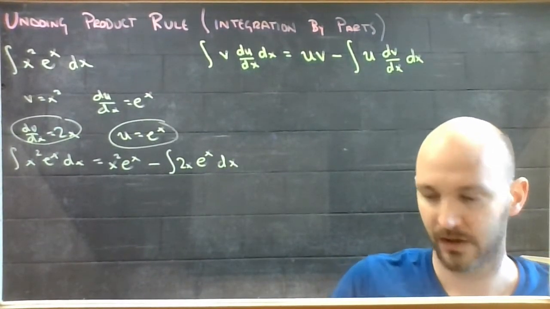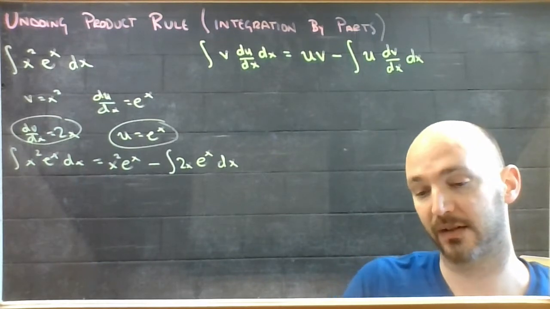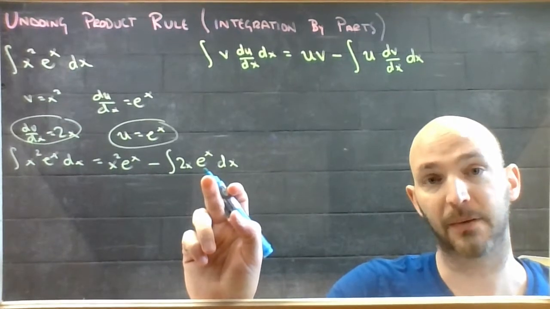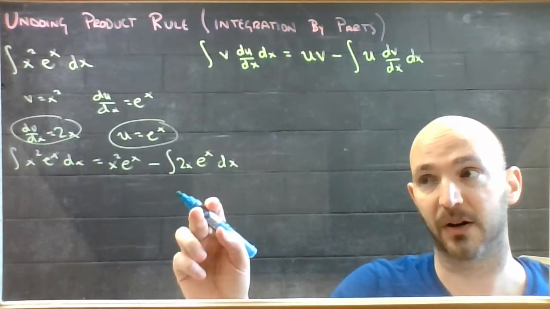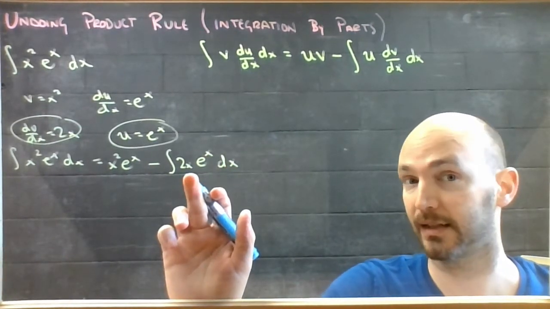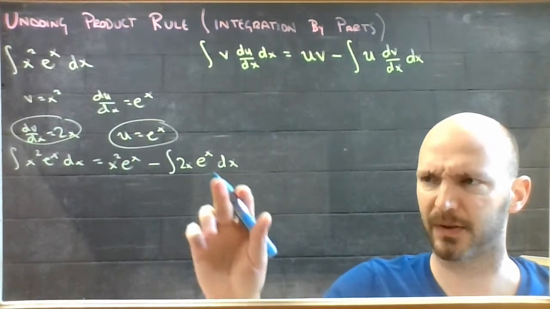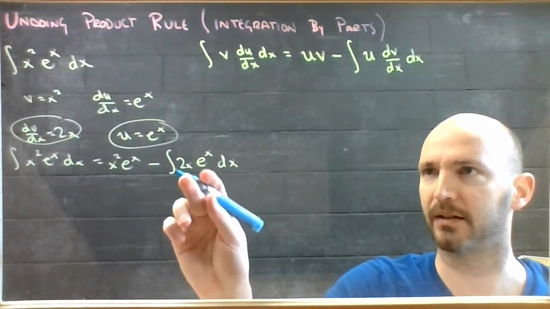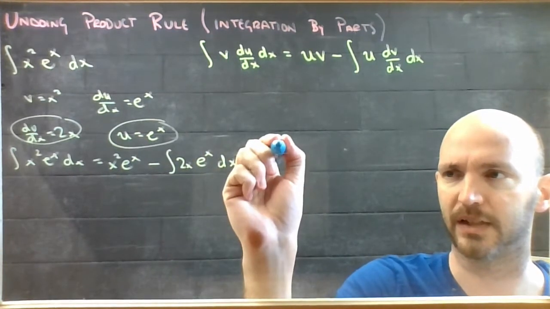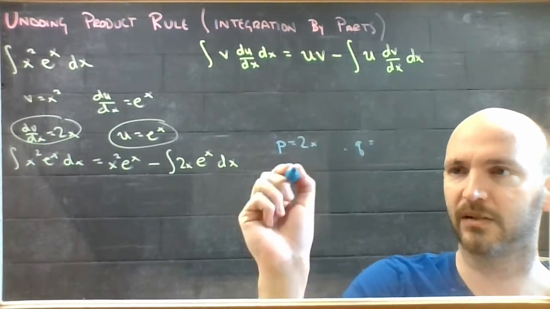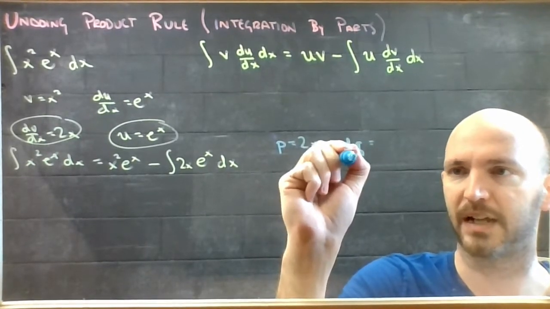Alright, so I'm going to make a new set of choices then. In order to solve this integral, I'm going to need to use integration by parts again, and I've got a 2x there. That thing, if I took its derivative, would just be a number. So that's the one I'm going to choose to grind away. So I'm going to choose that p equal 2x, and that q or dq dx be my exponential part.